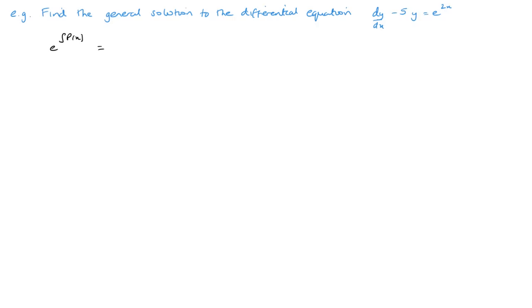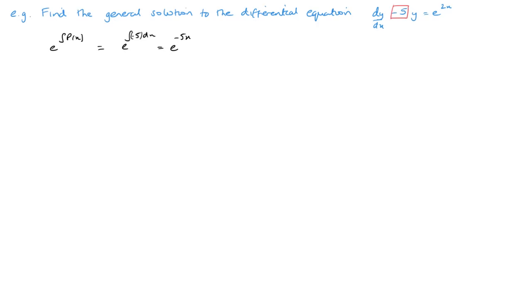So P, if we look at this form, is this -5 here. So we're looking at e to the integral of -5 dx, which is going to be e to the -5x. Okay, so this is now the integrating factor.